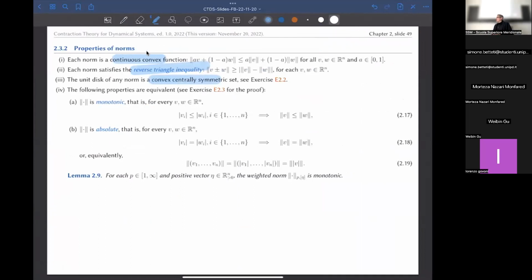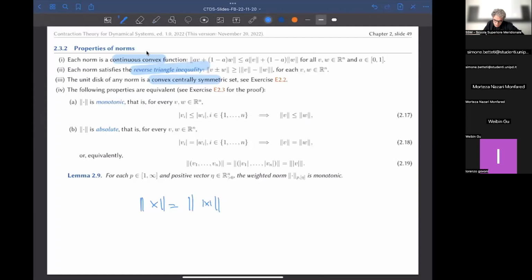So when I do contraction theory, sometimes if your norm is monotonic or absolute, which are synonyms, then there are even more contractivity properties than for general norms. What does it mean for a norm to be monotonic? Essentially, it means that the norm of a vector is always equal to the norm of the absolute value of the vector. That's called an absolute norm or a monotonic norm, and there are many equivalent properties related to this.